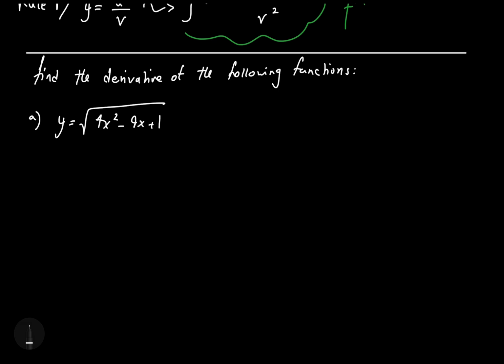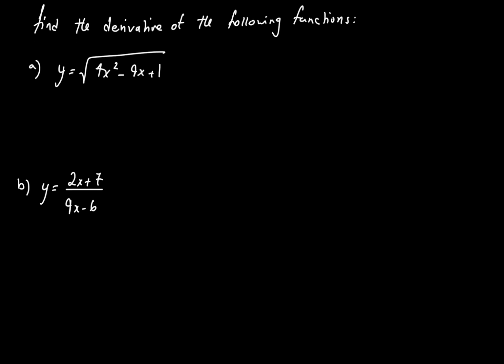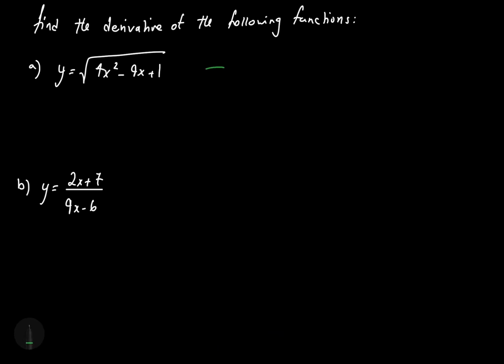Now you can go ahead and pause the video, try to solve this problem by yourself, and then you can try doing this one. y equals 2x plus 7 divided by 9x minus 6. All right. So let's go ahead and do the first one. The first one obviously uses the rule of the square root's derivative.